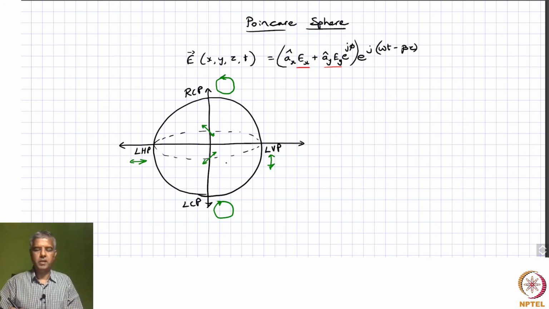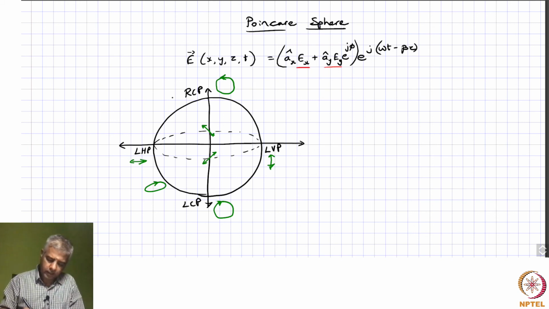So what does a quarter wave plate do? When you go through that material, the x and y components of the incoming polarization are retarded by, as the name suggests, lambda by 4 in terms of path length.